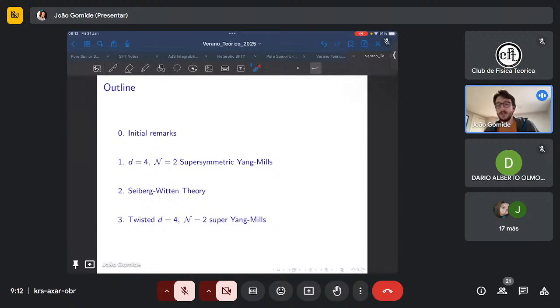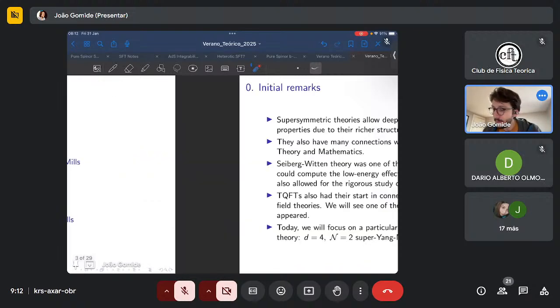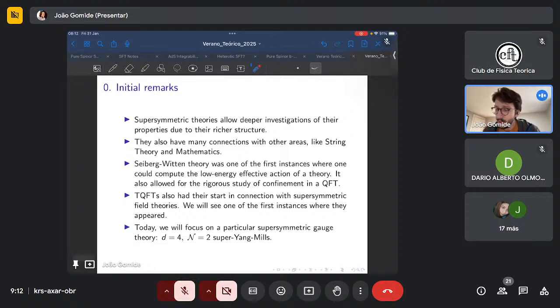And the last subject is twisted Super Yang-Mills, but in this case, more precisely, I want to talk about how this twisted Super Yang-Mills theory is a topological quantum field theory, and it has some nice connections with mathematics and so on.